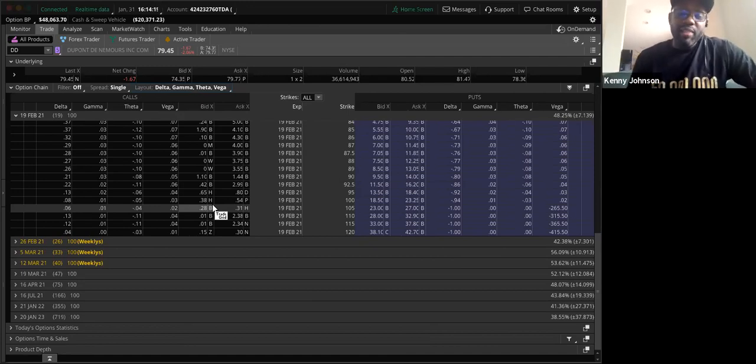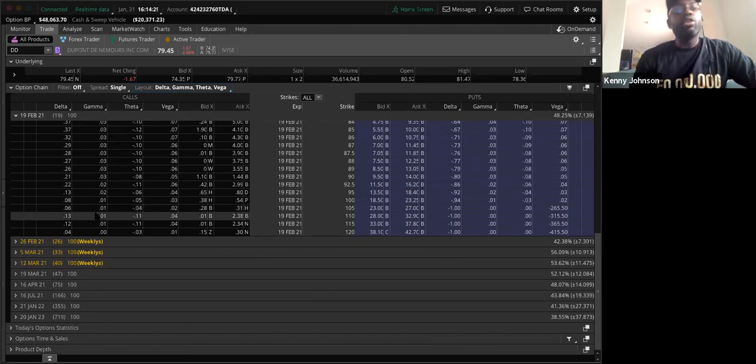And theta is nothing but time decay. So for every day you lose 4 cents. So that's what it is. The delta is giving you 6 cents for every $1. So you're looking for a strong move so that you can make some money where you get that 6 and that 1, which would be 7 cents, as opposed to having theta come in and deduct 4 cents from you.